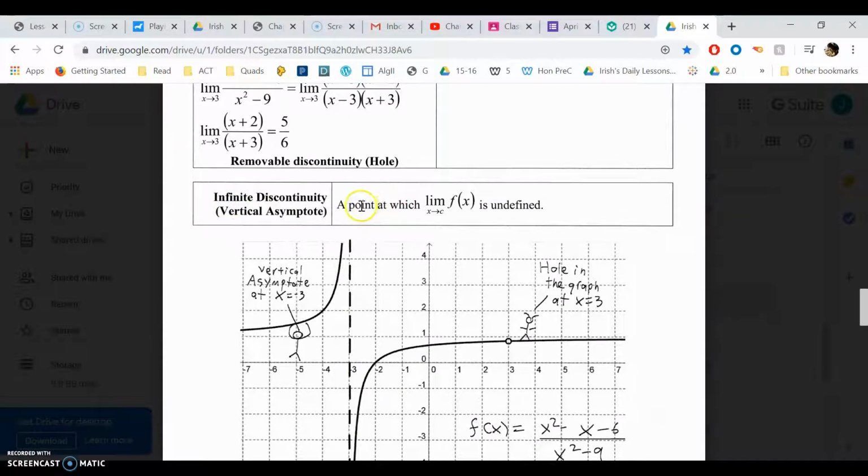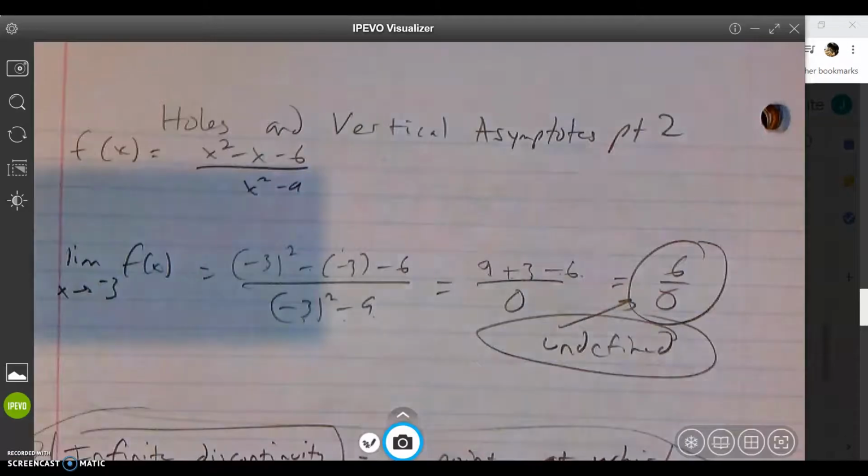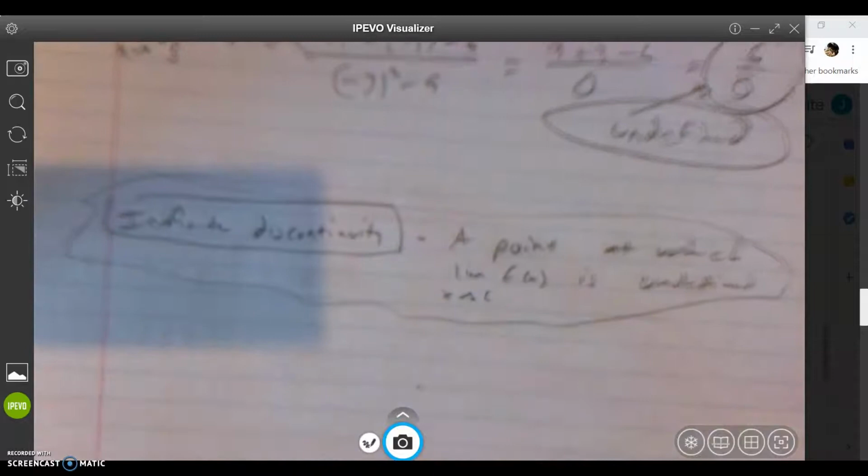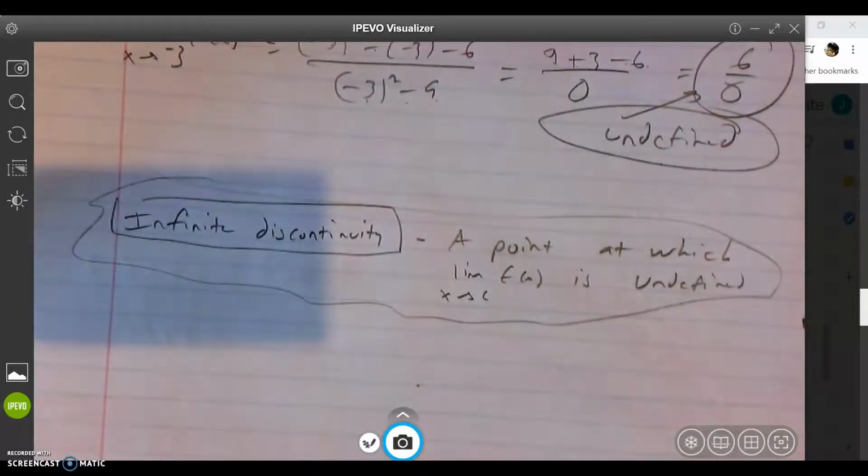We have a vertical asymptote, an infinite discontinuity, at a point at which the limit as x approaches c, and c is just some number, of f of x is undefined. So when I have an undefined limit, I have a vertical asymptote, infinite discontinuity. Bam, write that in your notes like this. Here's mine. Pause the video if you need to.